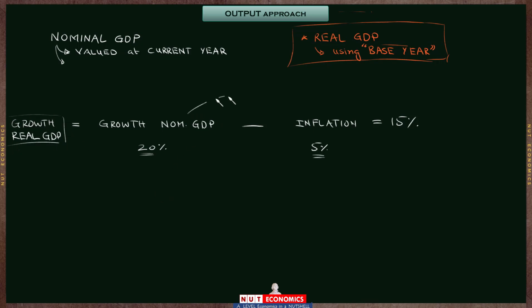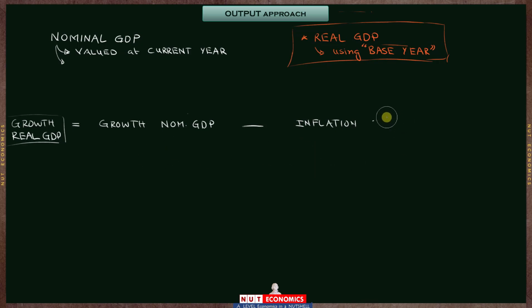You can think of it like this: nominal GDP is equal to price into quantity. If this whole nominal GDP is increasing by 20%, out of it 5% is the rate of increase of price, then the rest of 15% must be the rate of increase in the total output, the real GDP. So again, don't make it complicated. Just remember this equation: nominal GDP growth minus the rate of inflation gives you real GDP growth.